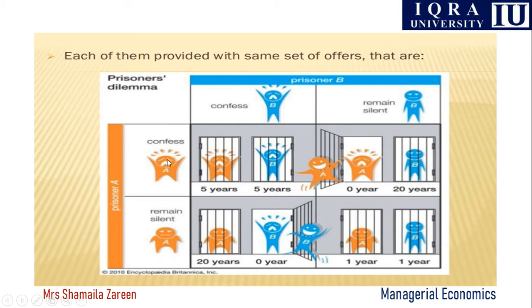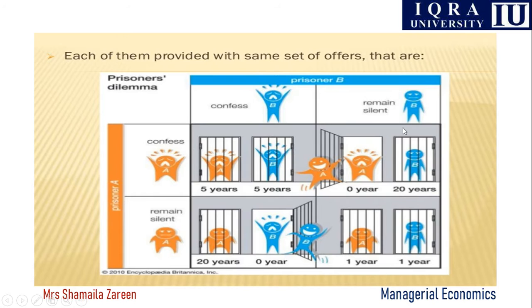If prisoner A will confess, prisoner B has two options, whether to confess or to remain silent. Given that prisoner A will confess, first of all you must see that prisoner A is confessing and prisoner B has two options.